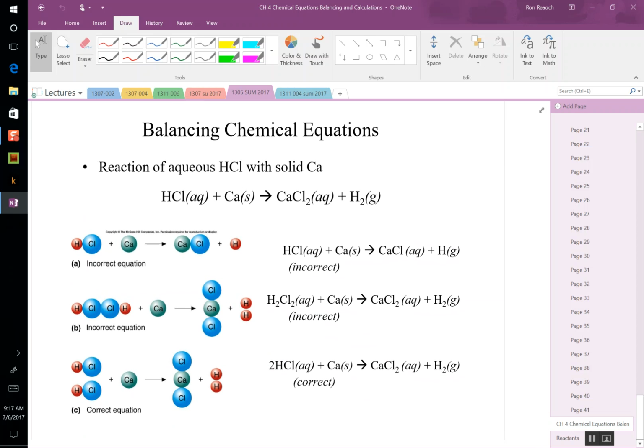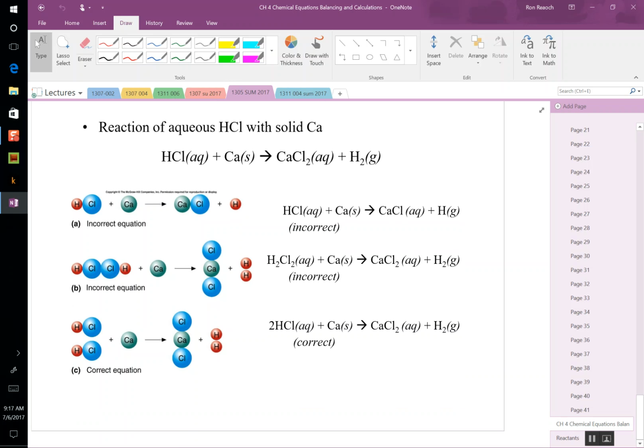Here's hydrochloric acid, aqueous, reacting with solid calcium, forming calcium chloride and hydrogen gas. Now they're looking here at possible ways of representing this. This is incorrect because that's not the correct form of hydrogen.